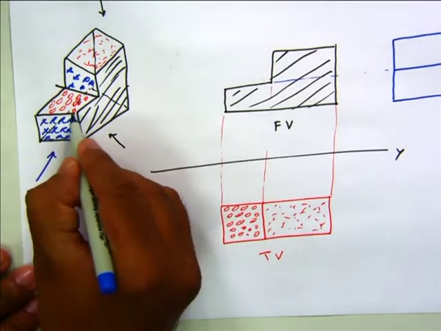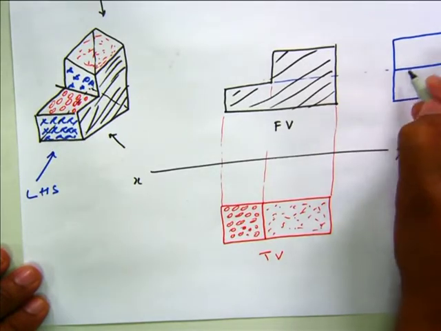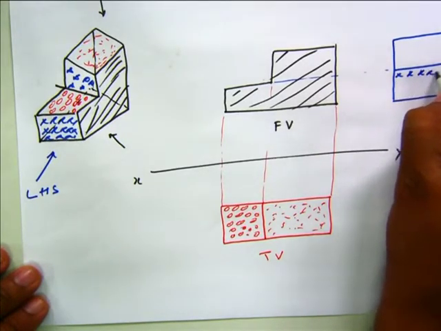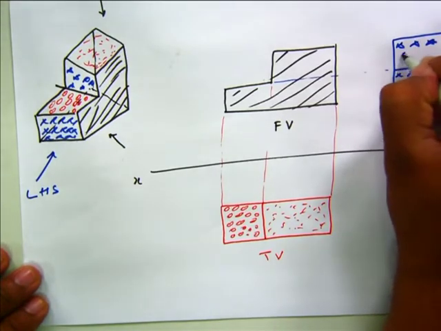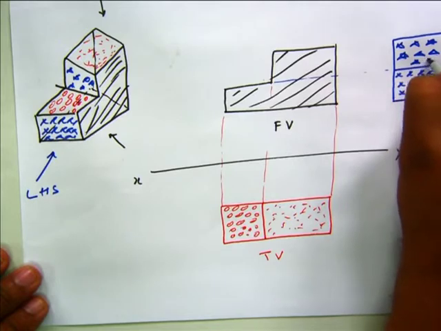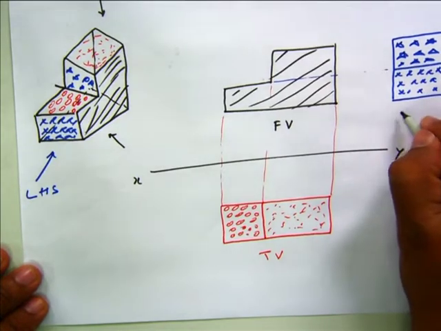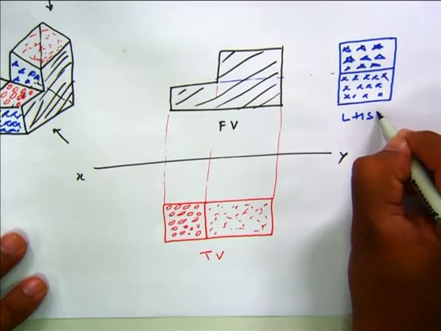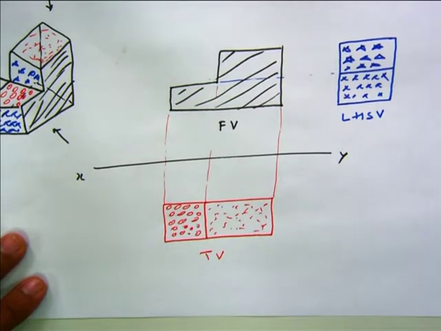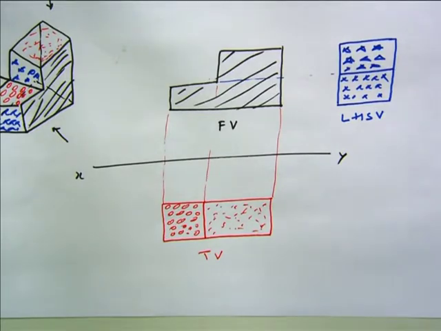When you are viewing from this, you can see this and this like this, and this face. This is your left hand side view. So, this is a very simple object. We see another object.